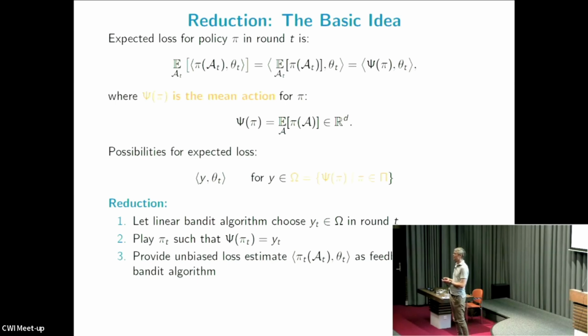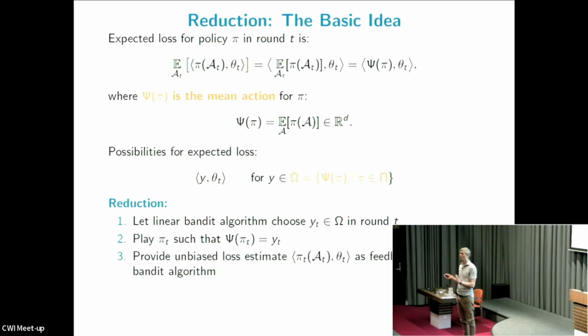But we give an unbiased estimate of the loss to this algorithm. So basically, we need a linear bandit algorithm that can deal with unbiased estimates of the losses. And we can run that and translate the output back to something that we can play in our original game. And then the regret bound should also translate.